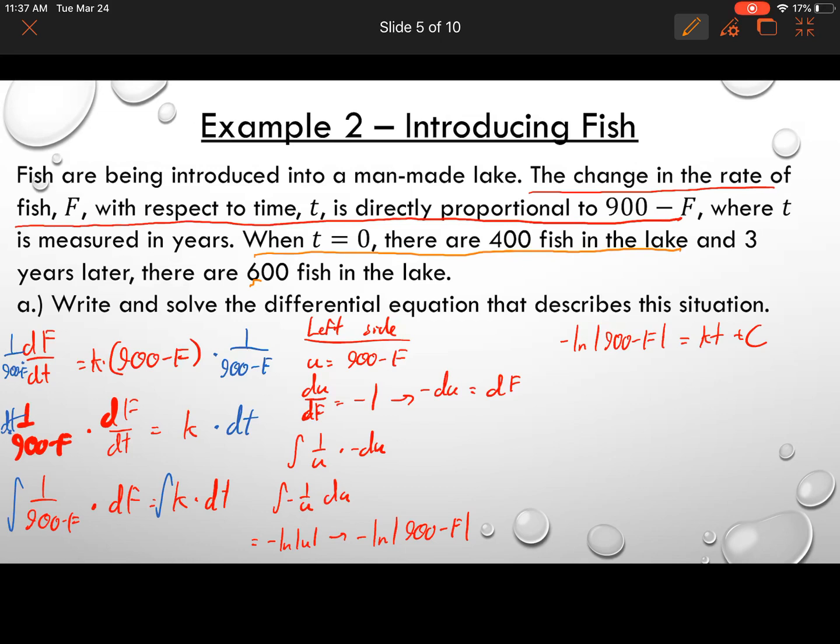When t is 0, f is 400, so negative natural log of 900 minus 400 is equal to k times 0 plus c. So c is equal to the negative natural log of 500.